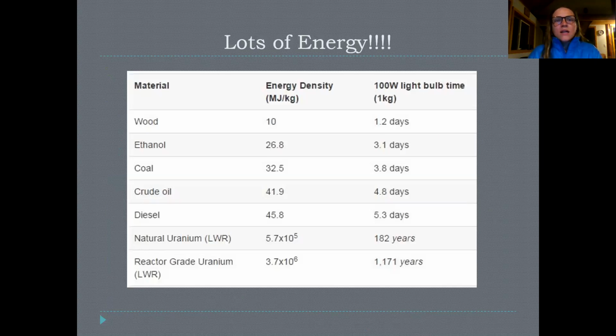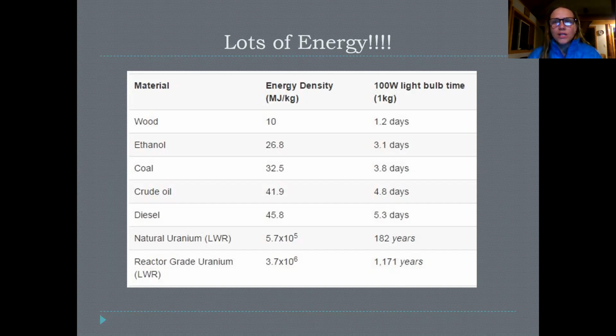So this graph shows different materials in the left column, and then energy density in the middle column. So megajoules, 1,000,000 joules of energy produced per kilogram of material combusted or utilized. So how many million joules can we produce per kilogram? Wood would be about 10.